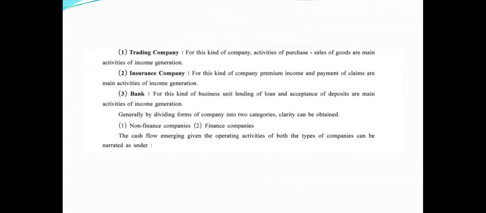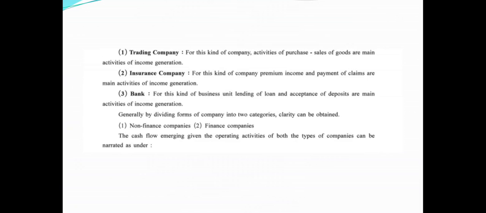Let us talk about the identification of operating activities for different kinds of companies or industries. First, a trading company. For this kind of company, activities of purchase and sales of goods are the main activities of income generation. If it is an insurance company, then it is not buying or selling goods.